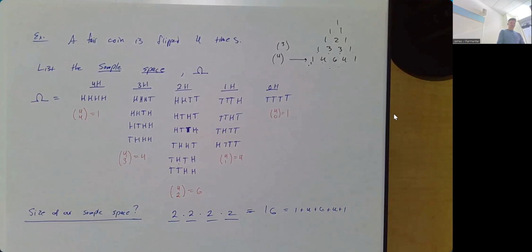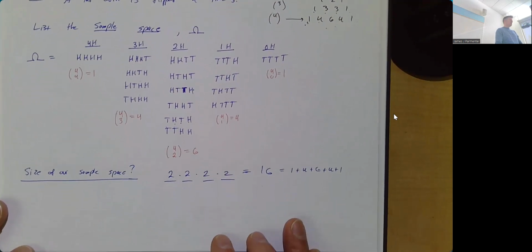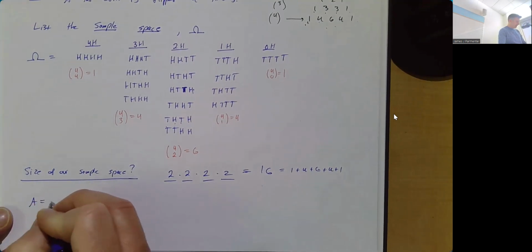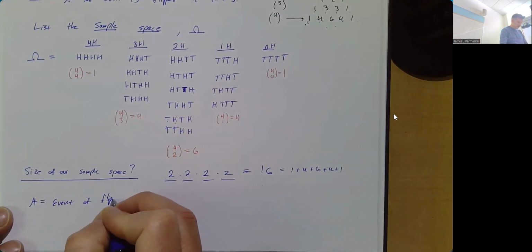All right, so we have all the things, and now we're going to ask a question, and we should introduce some notation as well. So typically when we talk about probabilities, we talk about events. So we're going to say that A is the event of flipping 2 heads.